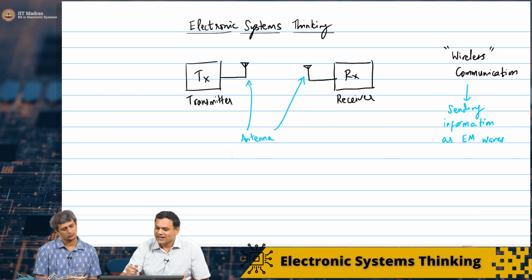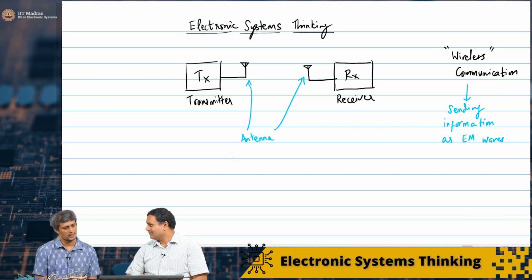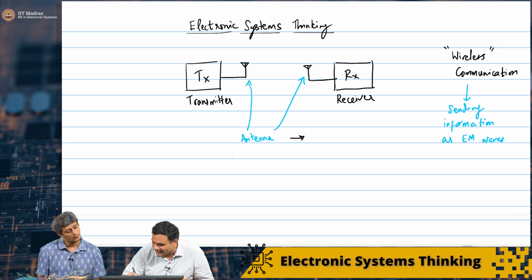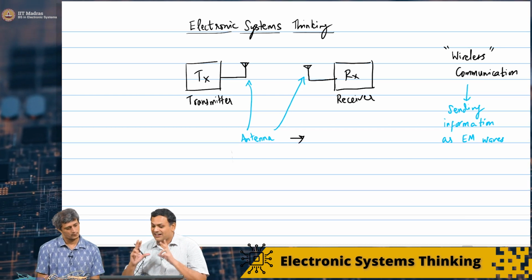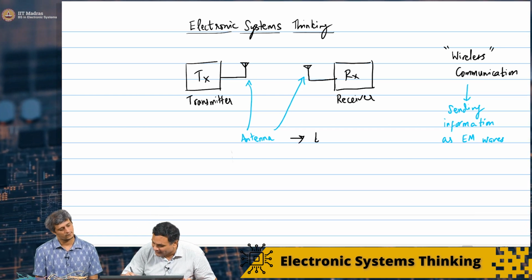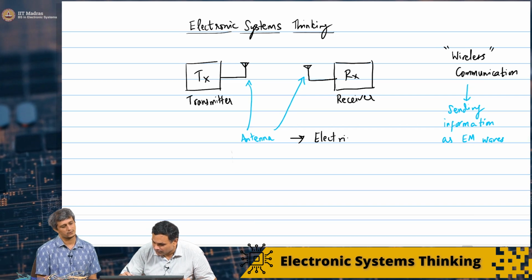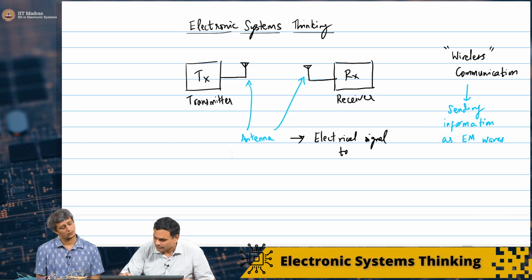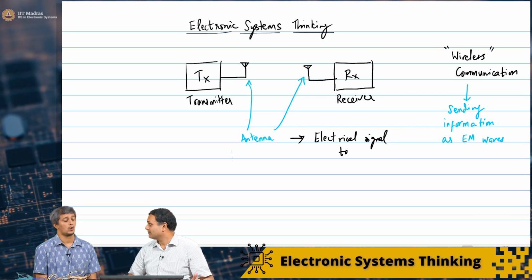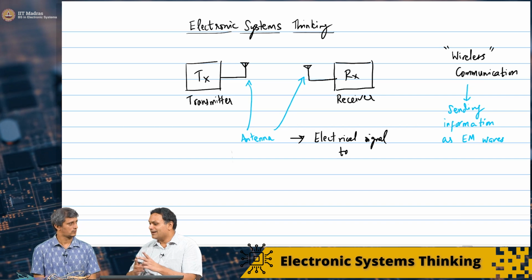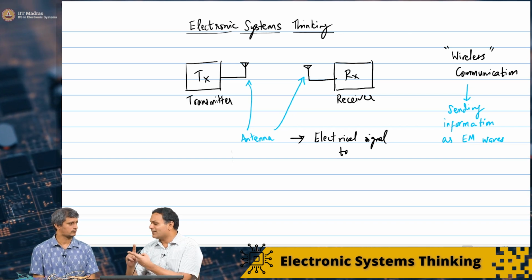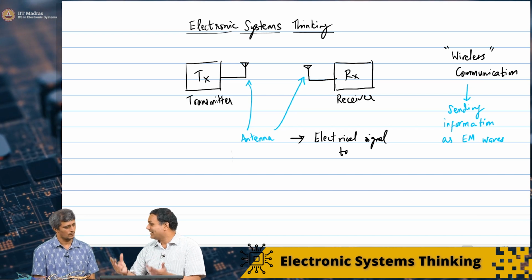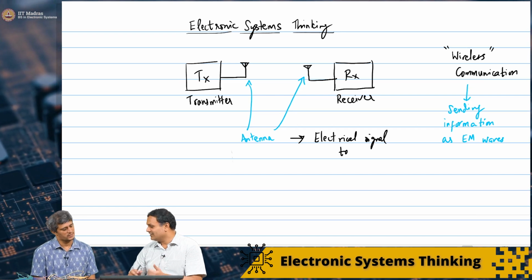If you look at the wave nature, the antenna converts an electrical signal to an electromagnetic wave. In a major part of this course, we have been talking about voltages and currents in the form of electrical signals.